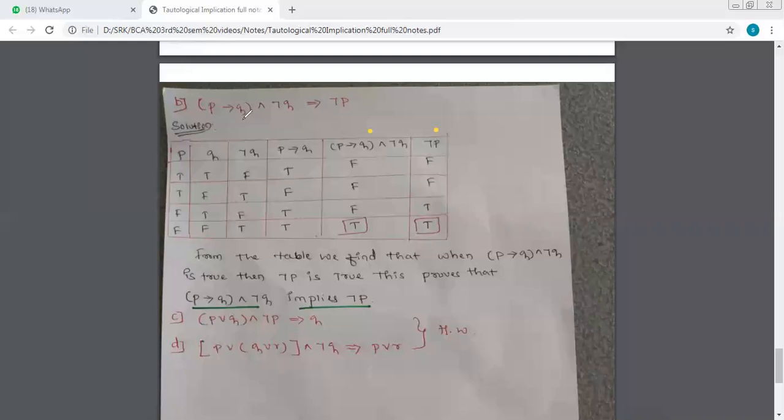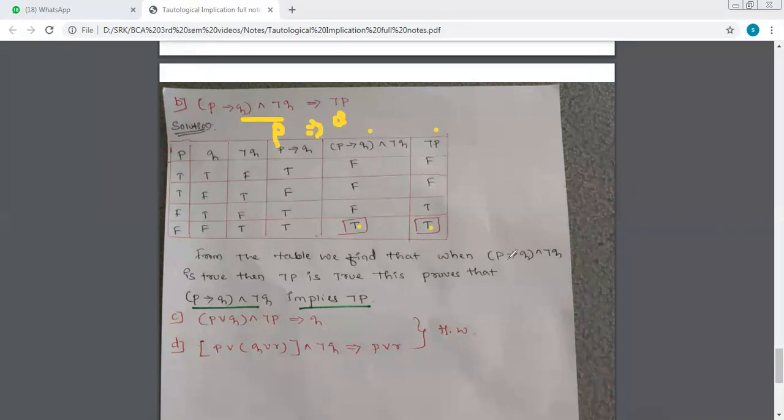We can consider this as P and this as Q, and in between there is an implication. We want true true in any row. Here this is true and this is true, so we can say that both are logically implied.